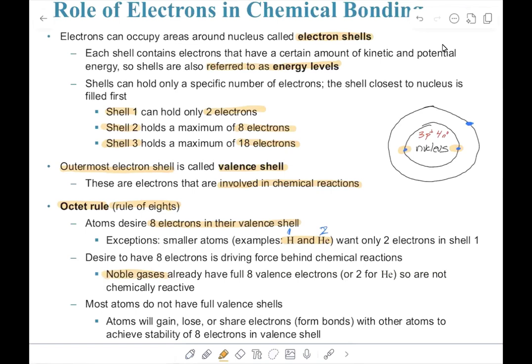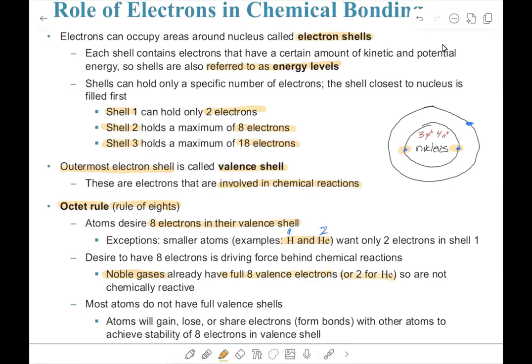On the right side of the periodic table would be things like neon, for example, or helium. Those have a full octet. Helium is an exception to that, but everything below helium has a full octet. So noble gases have the full 8 valence electrons, or 2 for helium, which is that exception.